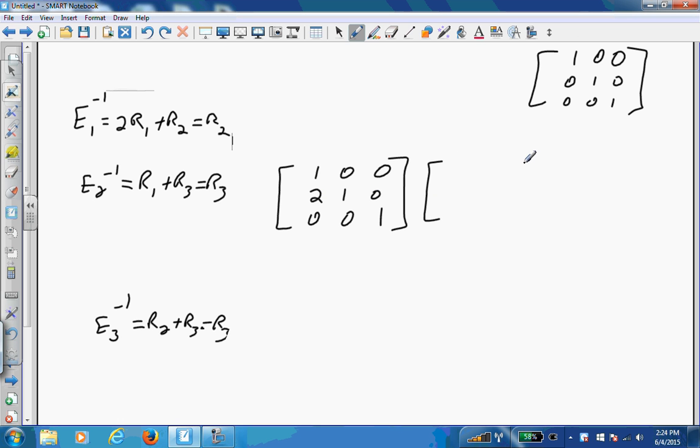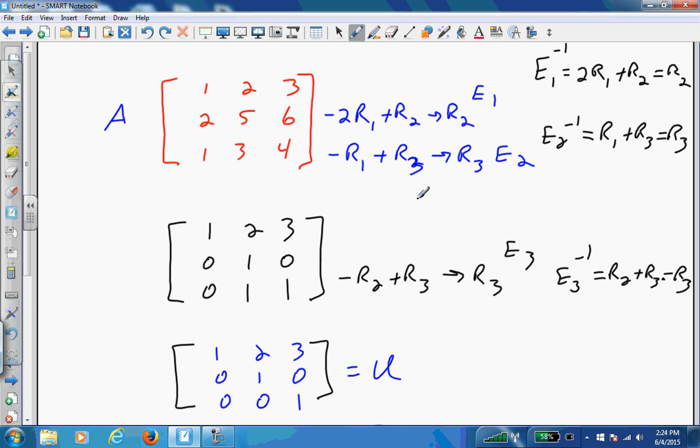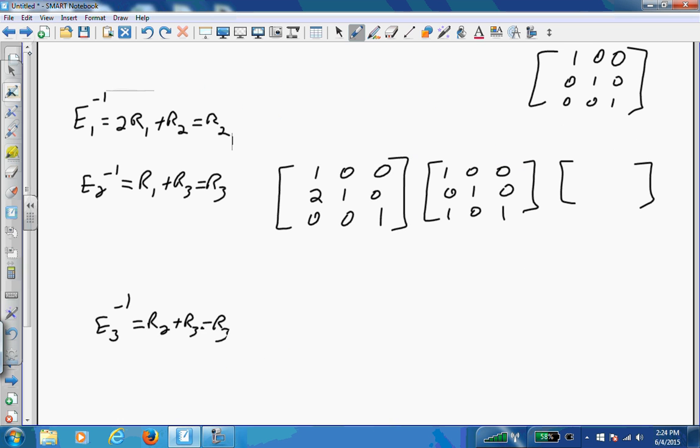Then E2 inverse, we're changing the third row, so the first two are the same. We're doing row 1 plus row 3. And then E3 inverse, we're doing row 2 plus row 3. Double check. Yeah. Row 2 plus row 3.